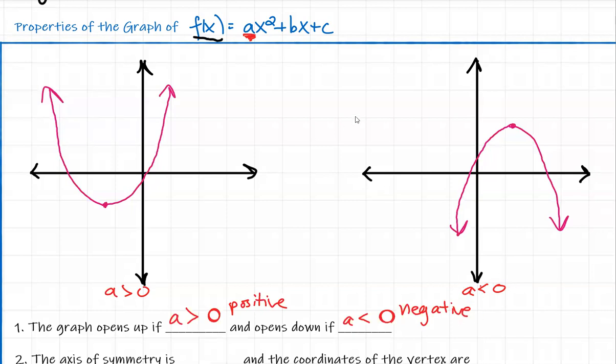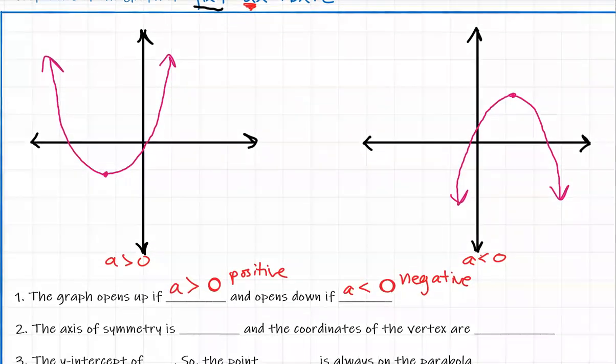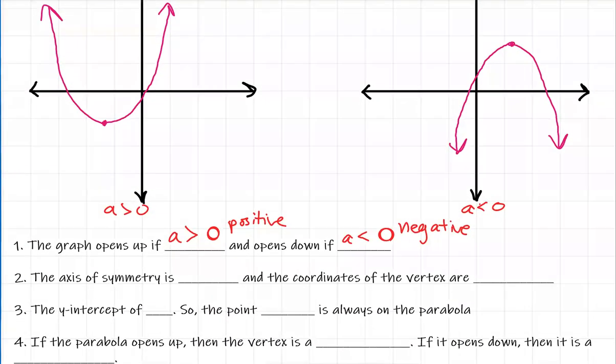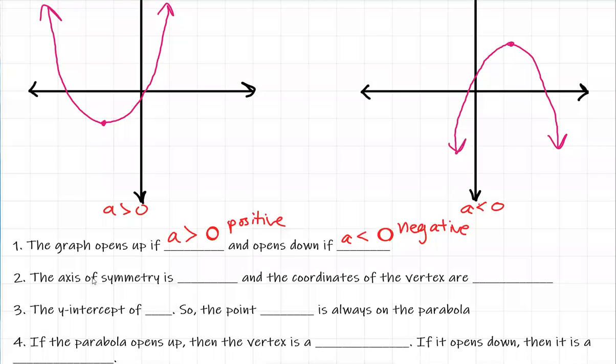Okay, so I'm going to have to actually scroll down a little bit. Okay, our axis of symmetry is going to be x equals negative b over 2a.